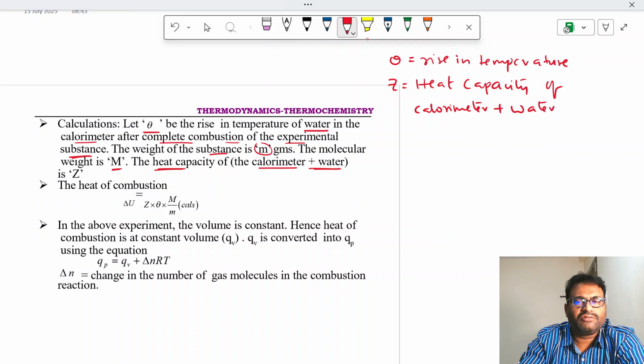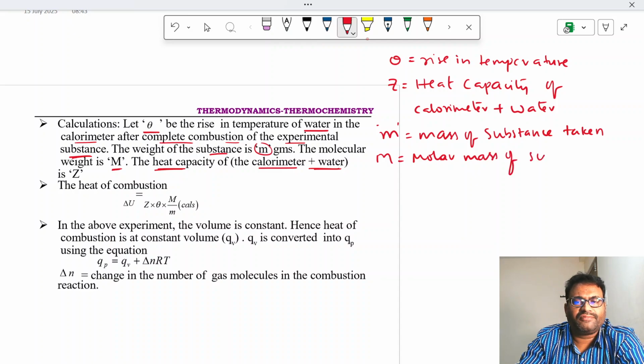That is the total calorimeter setup apparatus. So m is the mass of substance taken for the combustion process. Capital M is the molar mass of the substance. Okay.